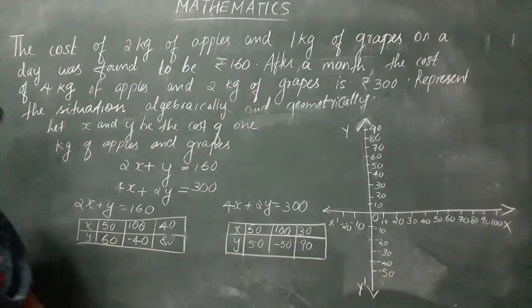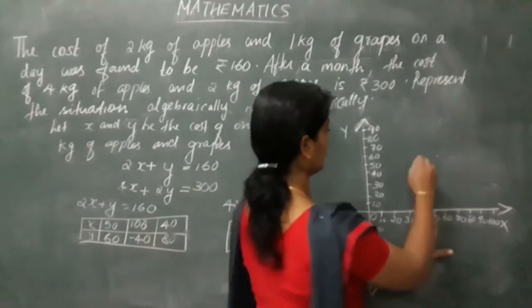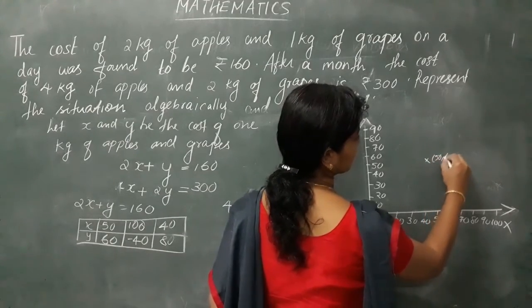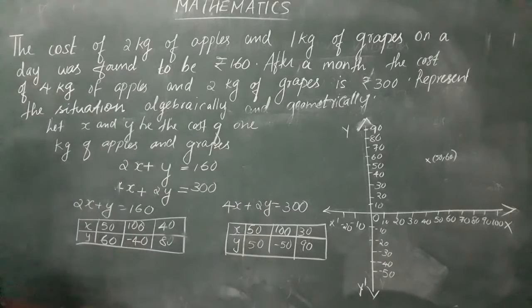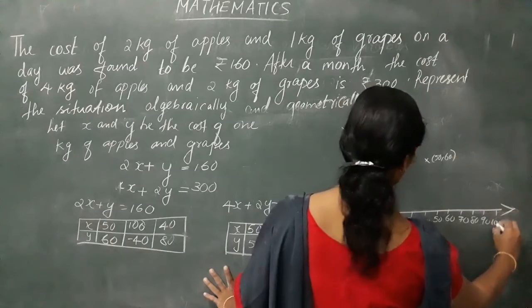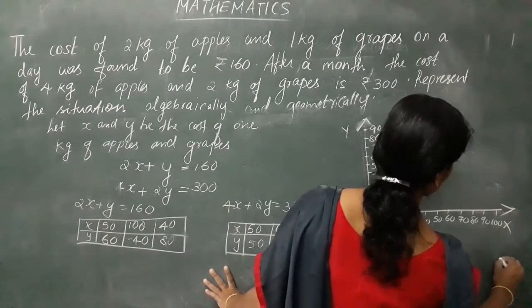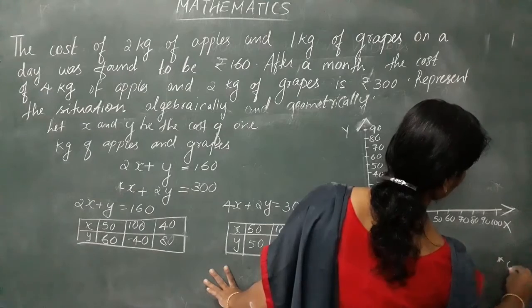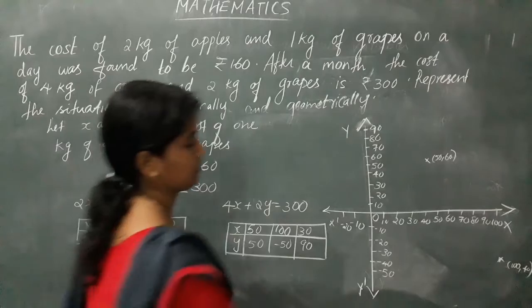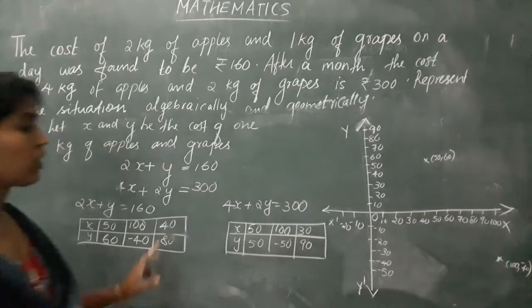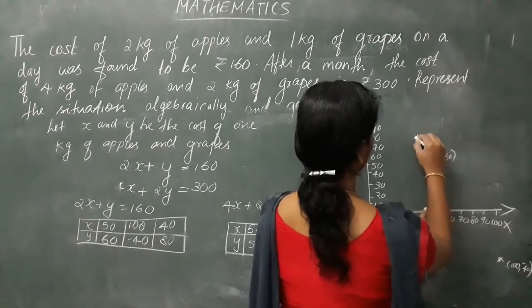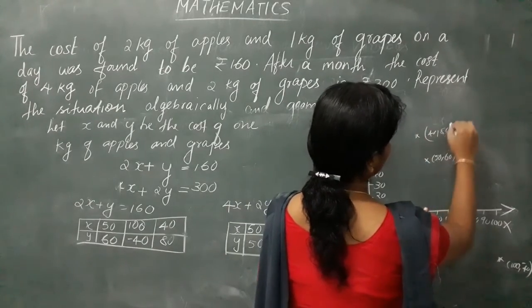First one it is 50, 60. So more towards 50 than towards 60, almost here. This is 50, 60. Next we have the point 100, minus 40. So 100 is here and you have to get minus 40. Next, we have the point 40, 80. So 40, then 80, almost here. 40, 80.